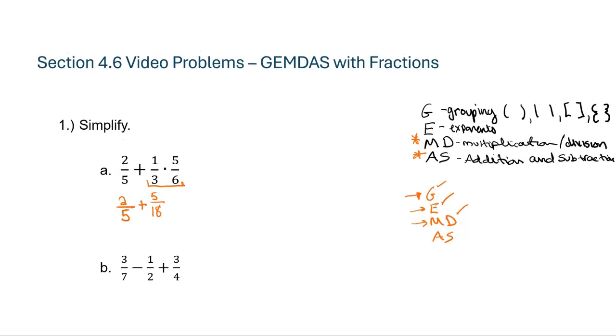Okay, so 18 is my biggest denominator. So 18. Now, I need to find a number that 5 goes into. So I know that as soon as I have a number that either ends in 0 or 5, that one is going to work for my smaller denominator.